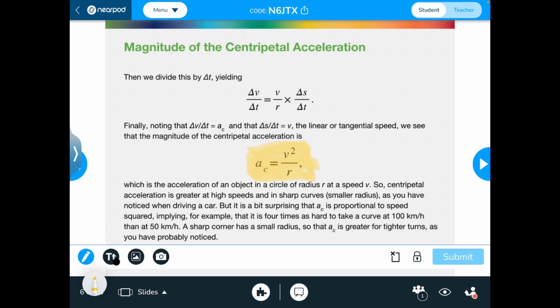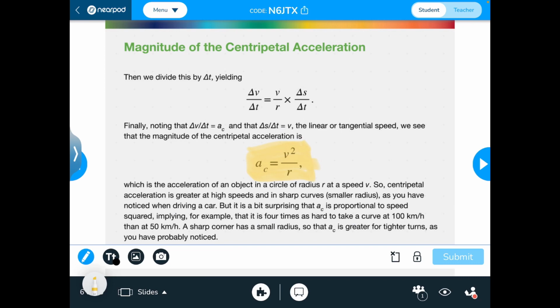So our centripetal acceleration is the linear or tangential speed squared divided by the radius. Now, we can adjust this if we have angular velocity given to us. If I take my linear velocity equation, that's the linear velocity in terms of the angular velocity, so v = r omega.